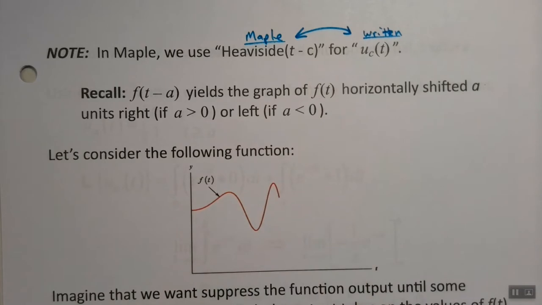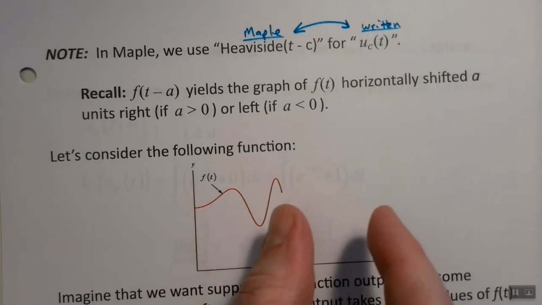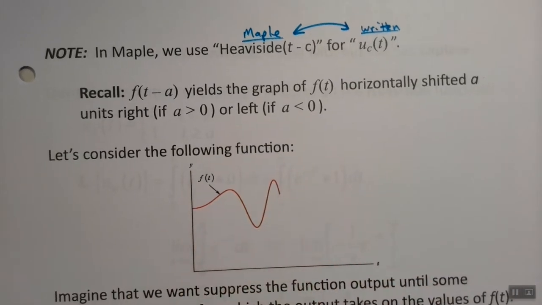So what we're going to do next is say, now that we figured out how we can turn on and off a function, what I really want to be able to do is start with a known function, and then make it so that this function, just like it is right here, can turn on or off at any given time, right? So I want to essentially be able to take this function and shift it this way to turn it off or to turn it back on.